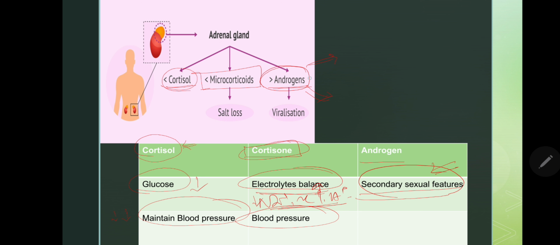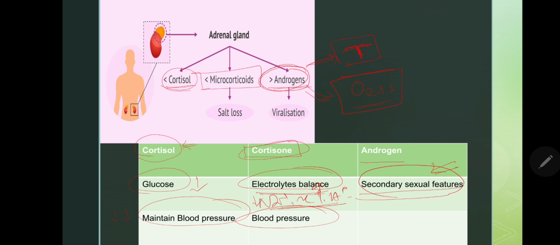This androgen hormone also leads to production of testosterone and estrogen. Testosterone is very important for the male, and estrogen is very important in the female.